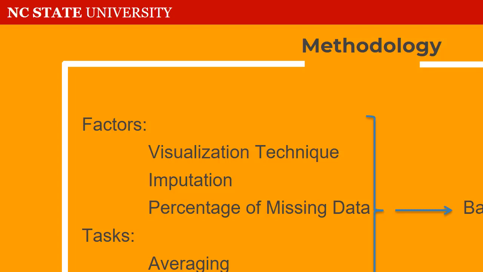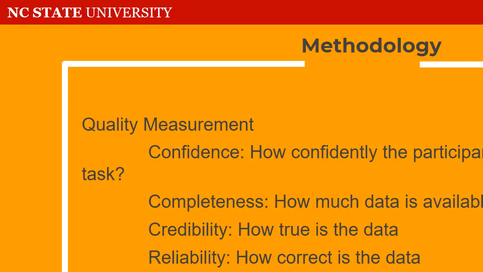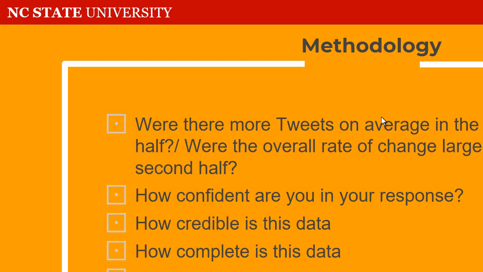And so there are some measurements for quality. The first one is confidence, how confidently the users can complete a task. And the completeness is how much data is available, credibility, how true is the data, and reliability, which is how correct is the data. And so 5 questions were asked of the users.